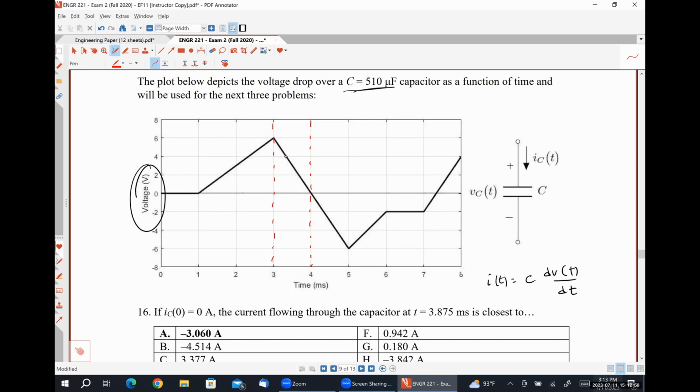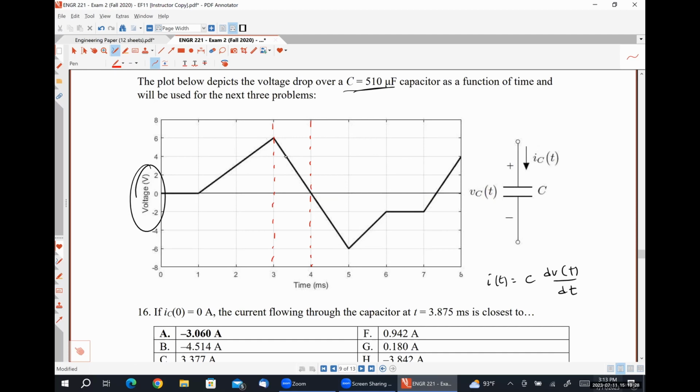So it would be 510 microfarads times 0 minus 6 over 4 minus 3. So minus 6 over 1. So 510 times 10 to the minus 6. I'm on board with you there. And then we're going to have 0 minus 6. I agree with that.